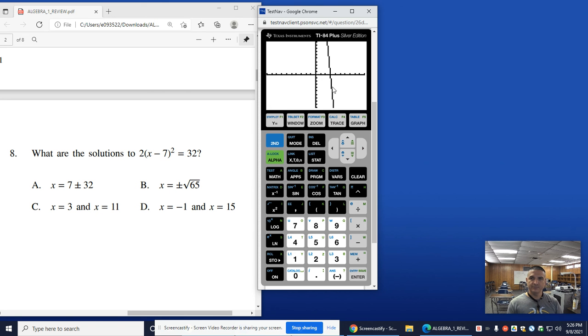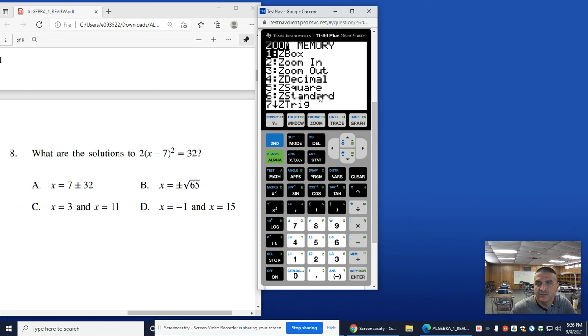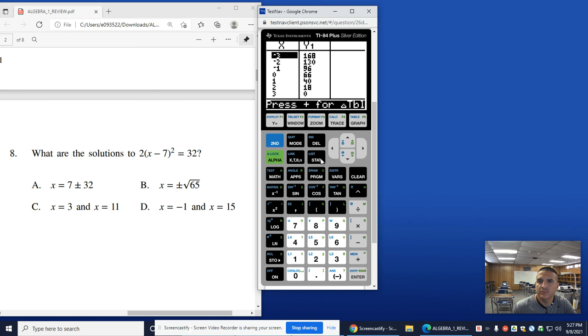I graph it. Okay, I got 1 there, and that's at 3. Is the other one at 11? Well, I can zoom out to see if it comes back up at 11. Let's go to the table.